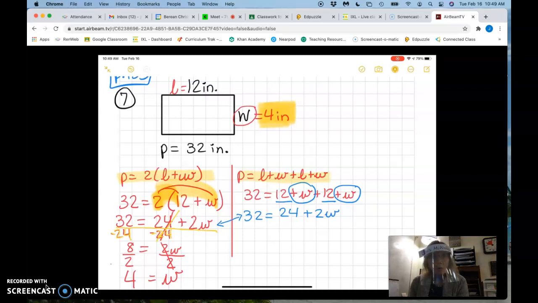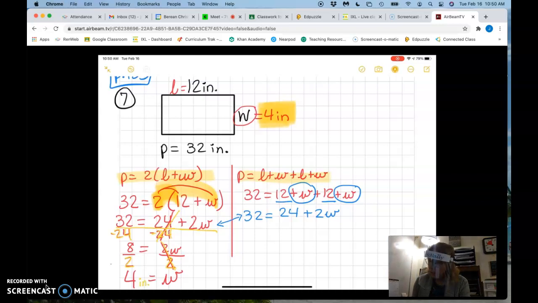And then to get w alone, I have to divide both sides by whatever is next to that w. So since there was a 2 next to the w, I divided both sides by 2. The 2's canceled out, so I just got w equals, and then 8 divided by 2 is 4. And I can put my little inches there.